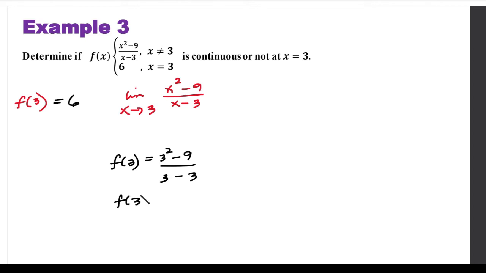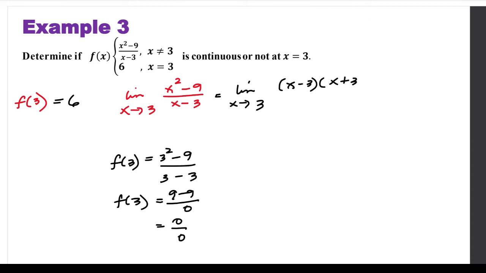So I have 9 minus 9 over 0. So I have 0 over 0. So we have an indeterminate form for this given function. Therefore, we would be doing factoring. So I have x minus 3 and x plus 3 over x minus 3.